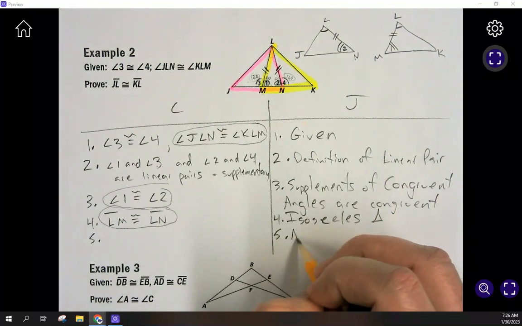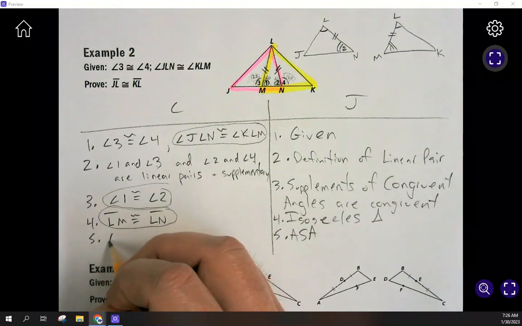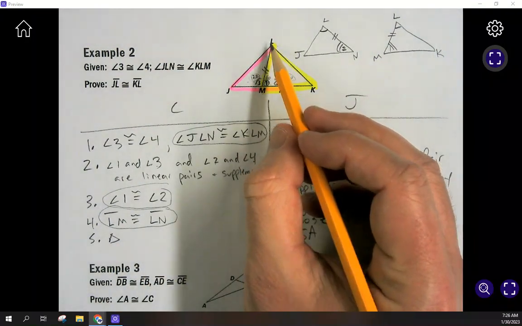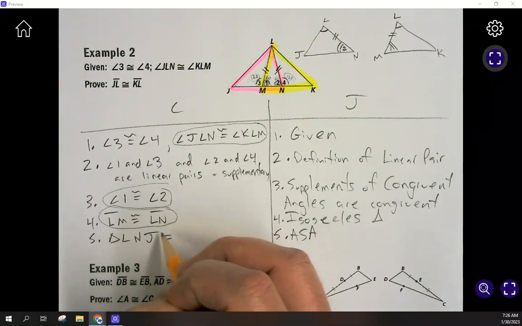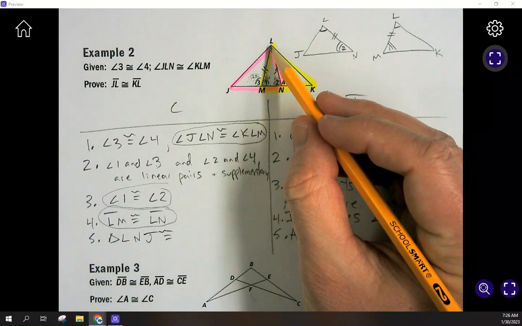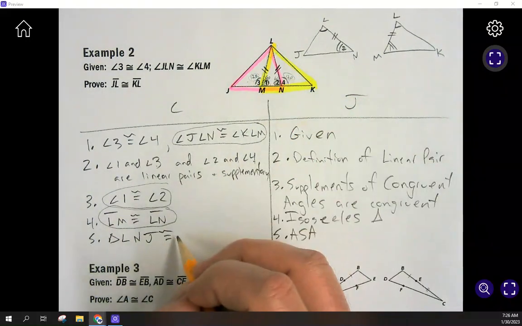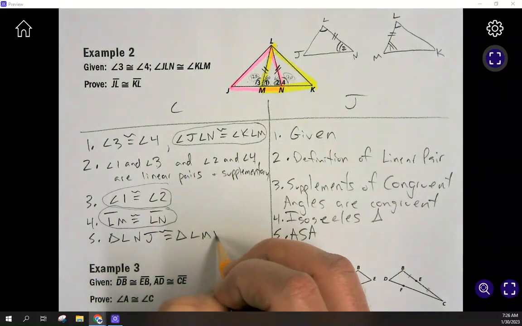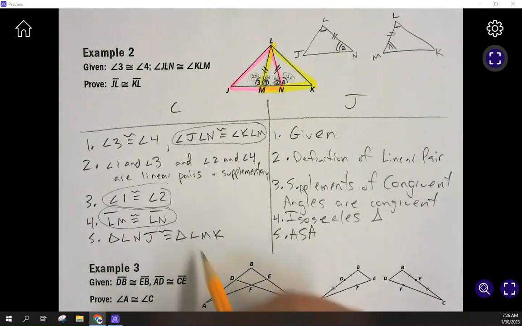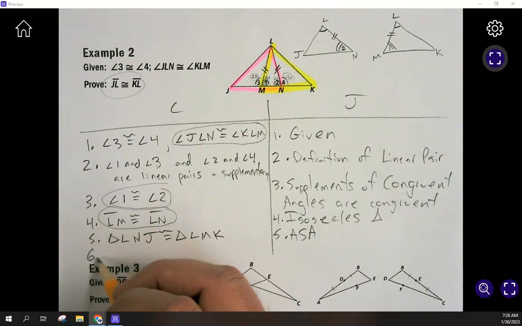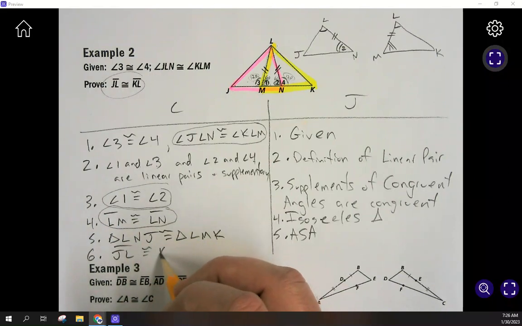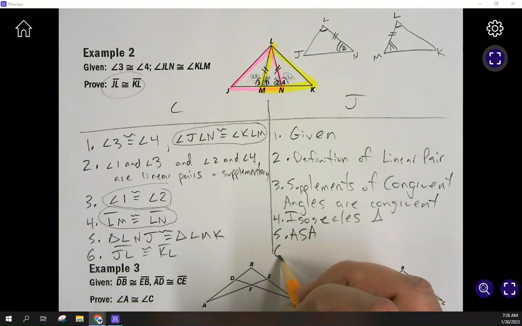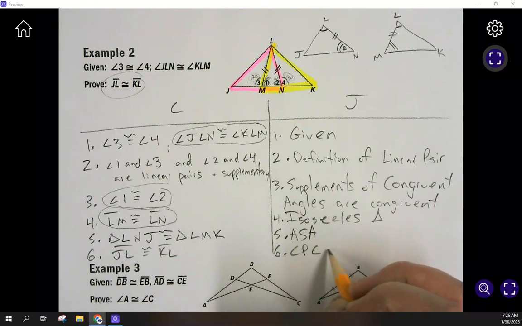Again, it's angle, side, angle. So I have triangle, I'm going to work from here, here, here. So L, N, J, and then go the same directions on this one, L, M, K. And that's by ASA. And now I can prove this because I've proven the triangles are congruent. So JL congruent to KL by CPCTC.